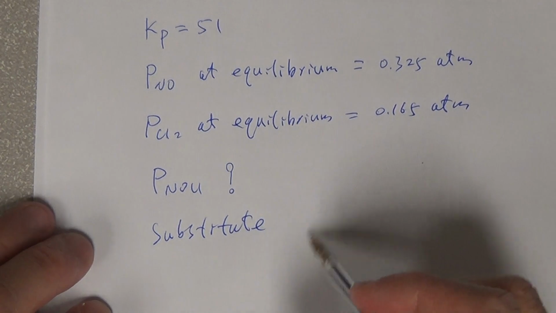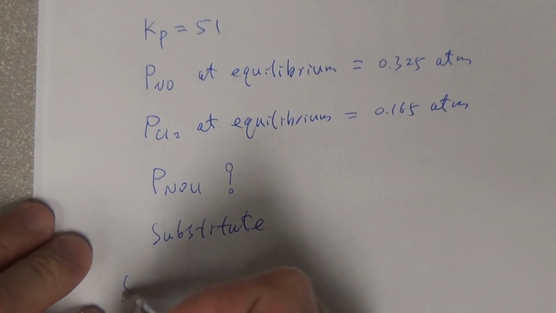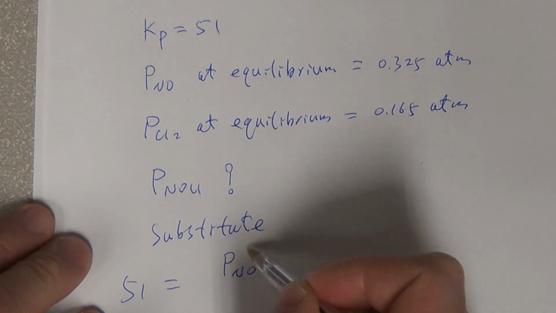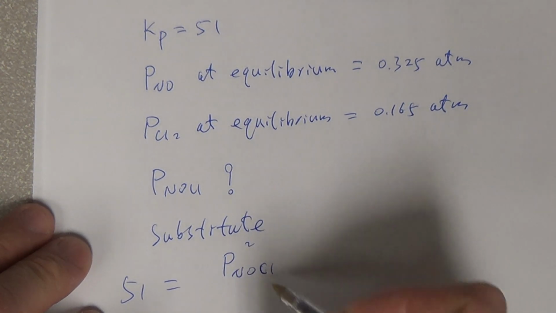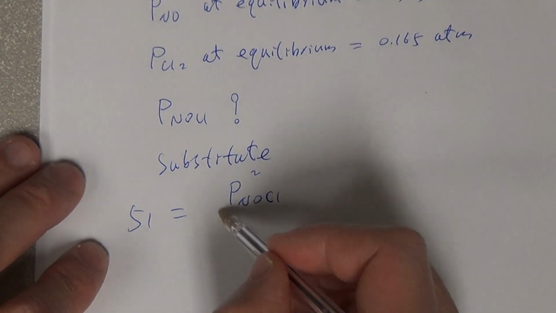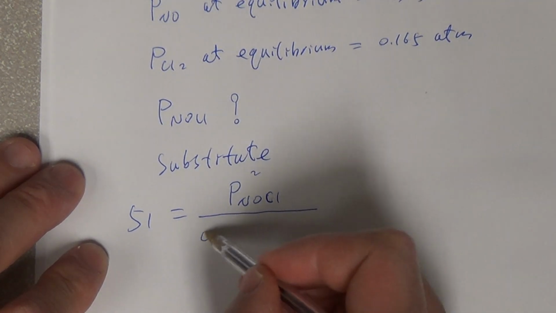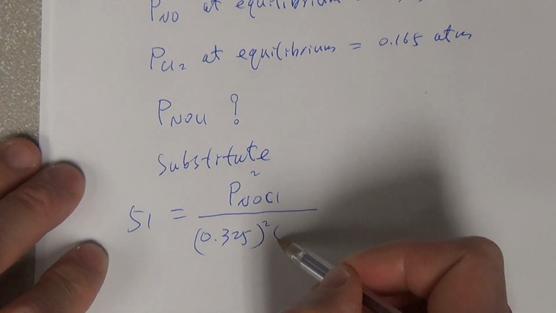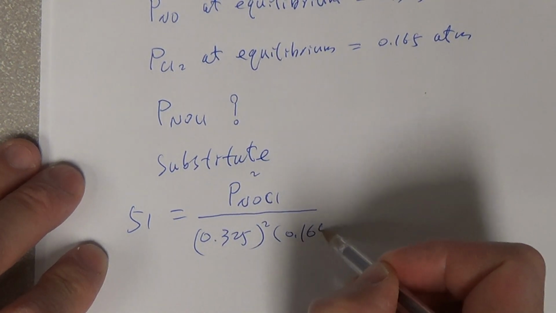So I just substitute or plug in those numbers. So get 51 equals P NOCl squared divided by 0.325 squared and divided by 0.165.